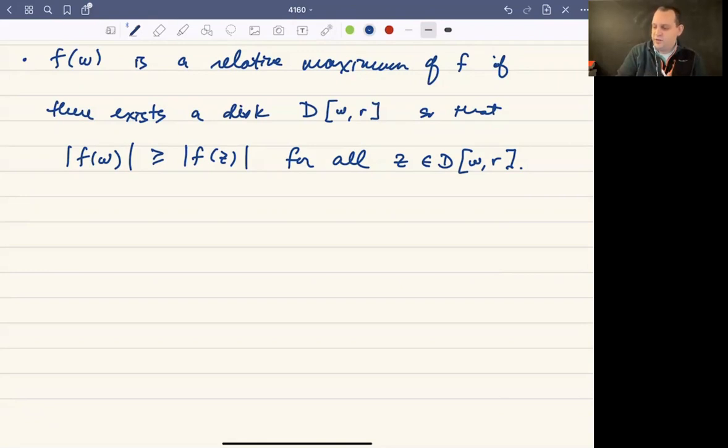So f of W is a relative maximum if there exists an open disk so that f of W is the largest value on that open disk in modulus. So the modulus of f of W is greater than or equal to the modulus of all the other values.